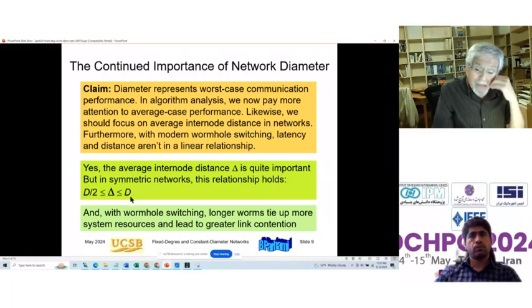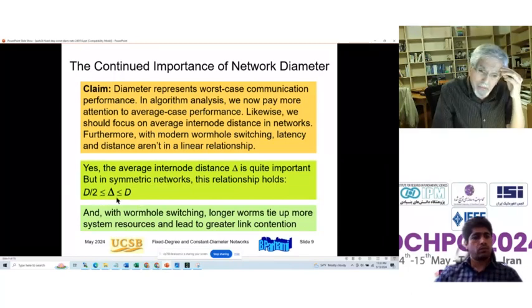However, for the networks that we use in parallel processing, which are usually symmetric, there is a theorem I proved many years ago, that the average internode distance, of course, is less than the diameter. Diameter is the worst case distance, so the average is obviously less than the diameter. But it is also greater than half of the diameter. This is provable. It's just a theoretical result.